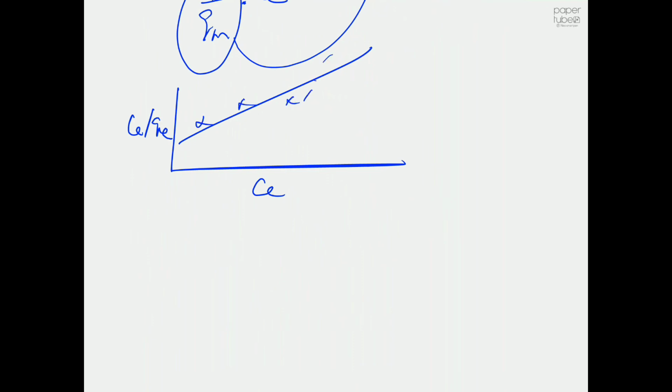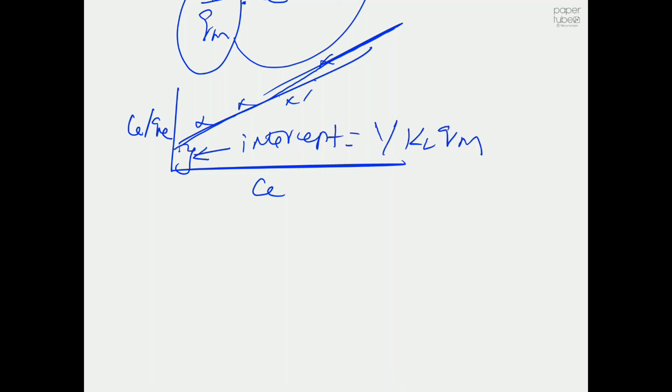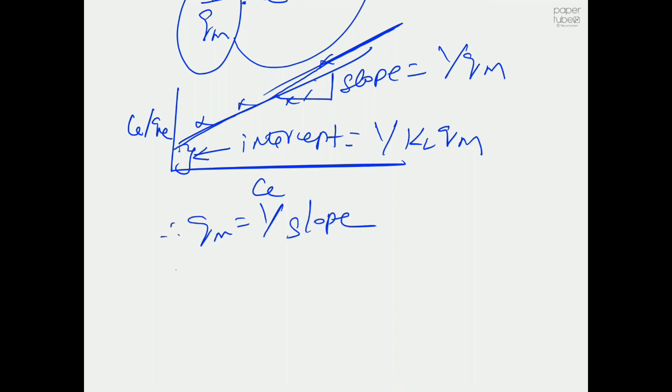This will be your fitted data. Just draw a line, and whatever the intercept, that will be equal to 1 by KL QM, and the slope value will be equal to 1 by QM. Therefore QM will be equal to 1 by slope.